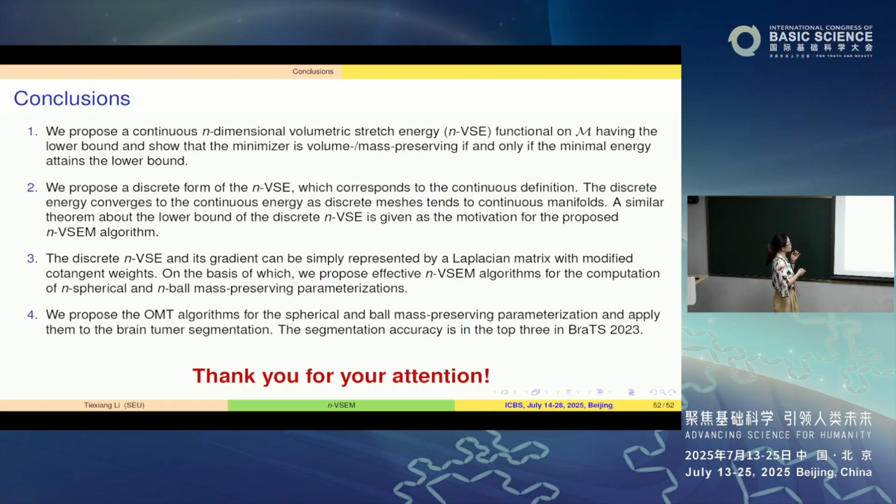For the discrete structure energy, its gradient can be simply expressed by the Laplacian matrix, and we developed an efficient algorithm. We propose the OMT algorithms for spherical and ball mass preserving parameterization and apply them to brain tumor segmentation. The segmentation accuracy is very good. I will stop here. Thank you.